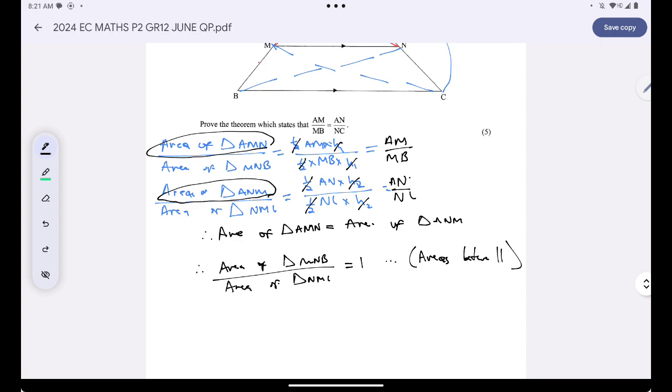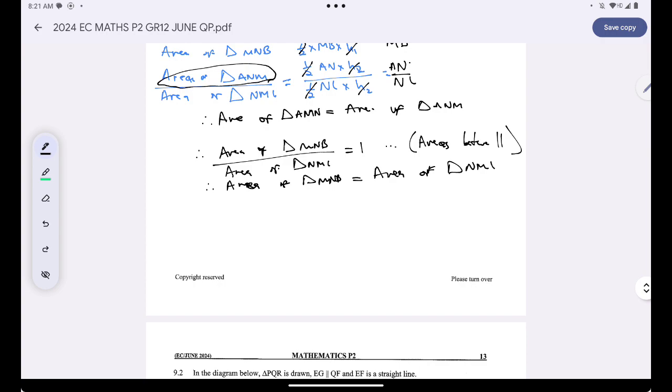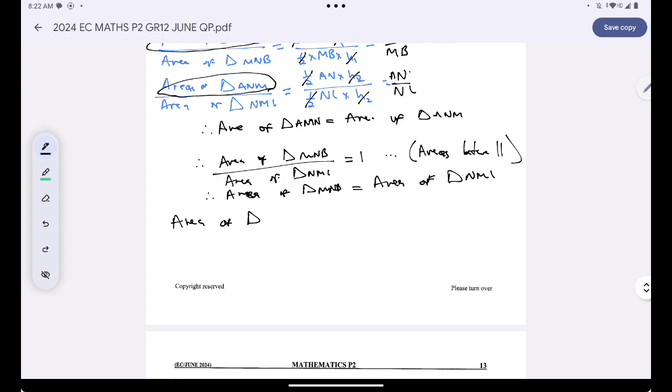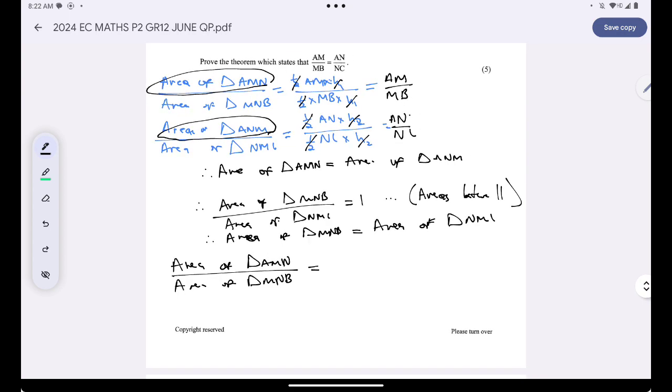Right? So this thing simply means area of triangle MNB is equal to the area of triangle NMC, which simply means that whenever I divide the area of triangle AMN by the area of triangle NMB, I will get the same answer even when I take the other areas of the triangles.